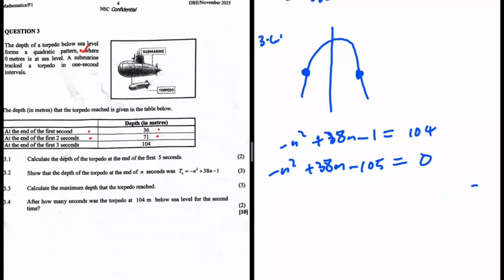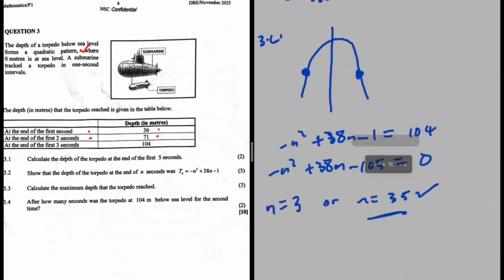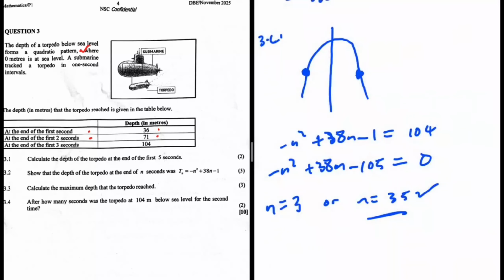So let me see. I'm getting n is equal to 3 now, or n is equal to, let's see, 35. I'm taking 35 here. Makes sense. So I should have substituted the wrong thing there. So minus b, 38, minus, oh, does it want to solve for me?